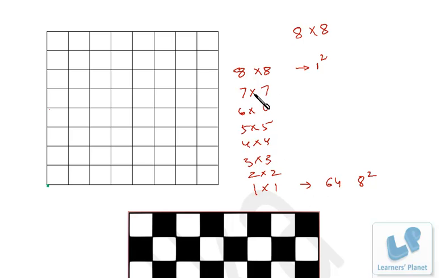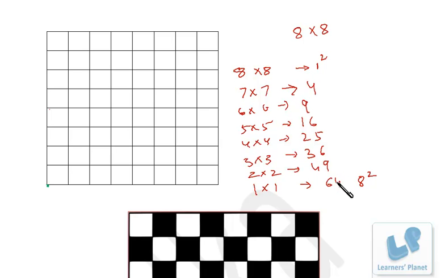So the number of squares, if you can memorize that, that will be easy. You just write 2 by 2, that's 4, you write over here, right? 6 by 6, that's 9, that's 16, 25, 36, 49 and 64, right?